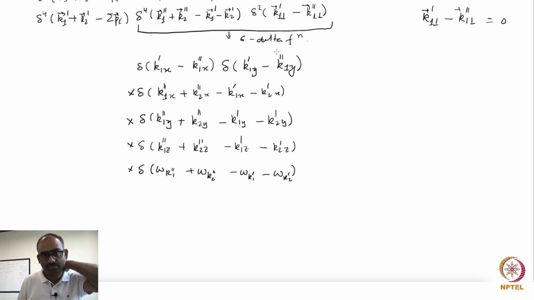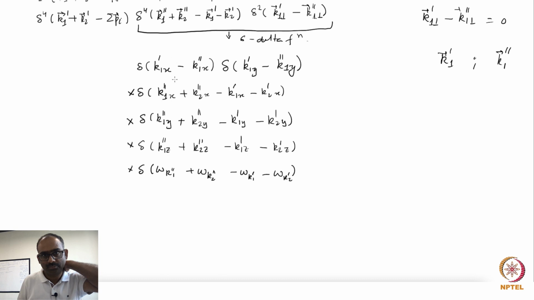So if you see here, let's look at K1 prime vector and K1 double prime vector. Okay, these two.